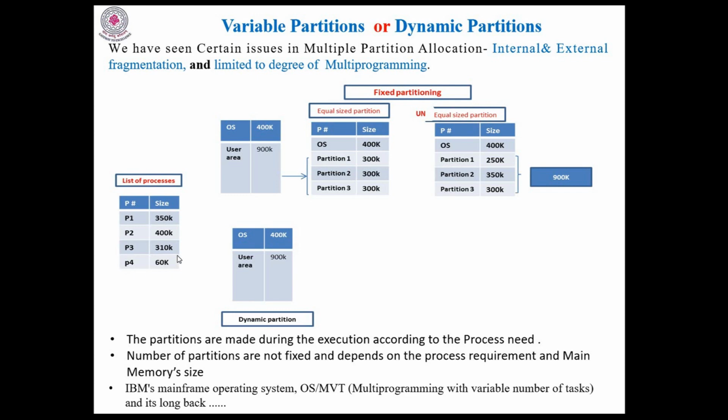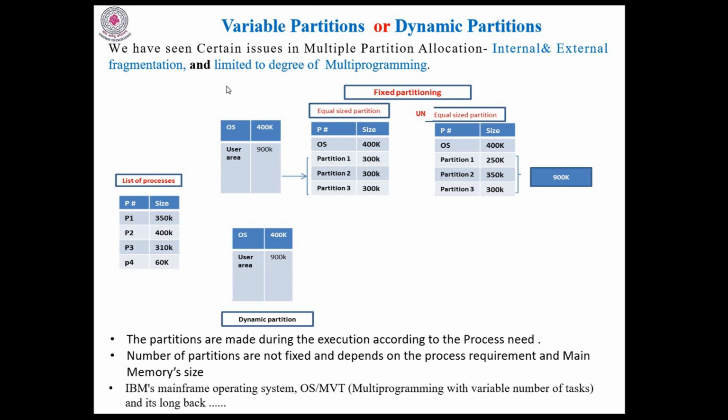When the process sizes are variable, then unequal sized partitions are better than equal sized partitions. When the process sizes are equal, then equal sized partitions are better than unequal sized partitions. So if you want more clarity on this, please watch the fixed partitioning videos.